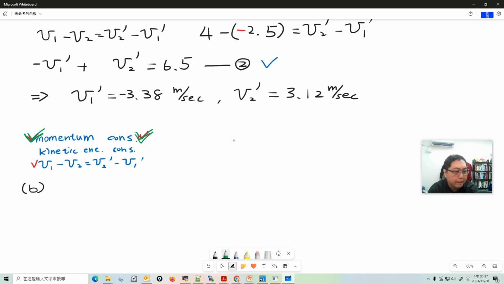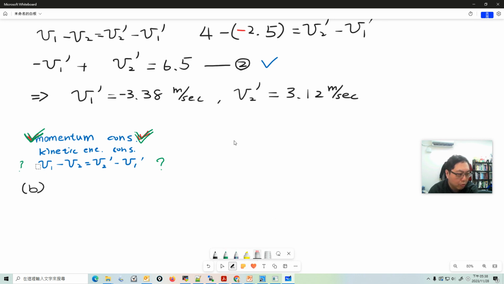Next, V1 minus V2 equals V2 prime minus V1 prime. In this problem, at the intermediate state, we want to find a particular velocity. Can we use this equation? I think you might know the answer.